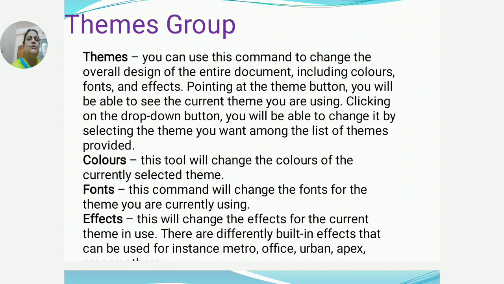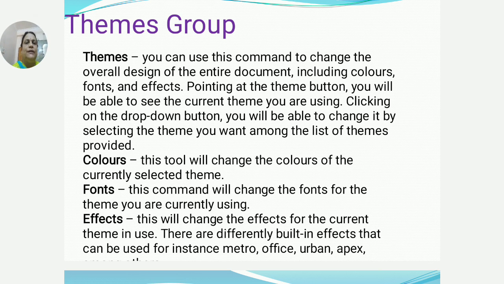This command is used to change the overall design of the entire document, including colors and fonts. Theme means you can change the entire document's colors and display, fonts, colors, effects also. This is the command used for changing the overall design of the entire document.